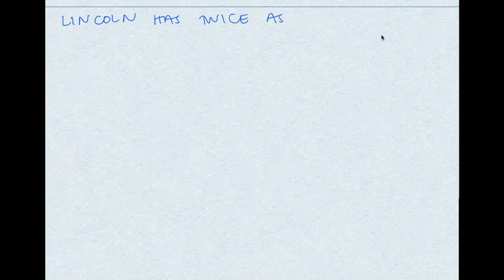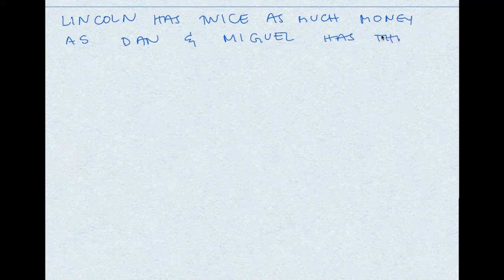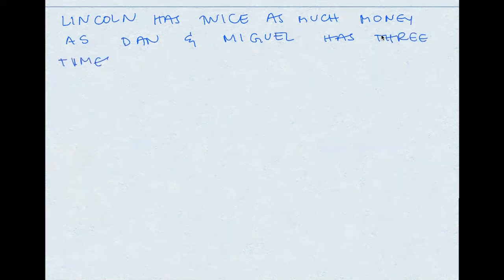That Lincoln has twice as much money as Dan, and Miguel has 3 times as much money as Dan.